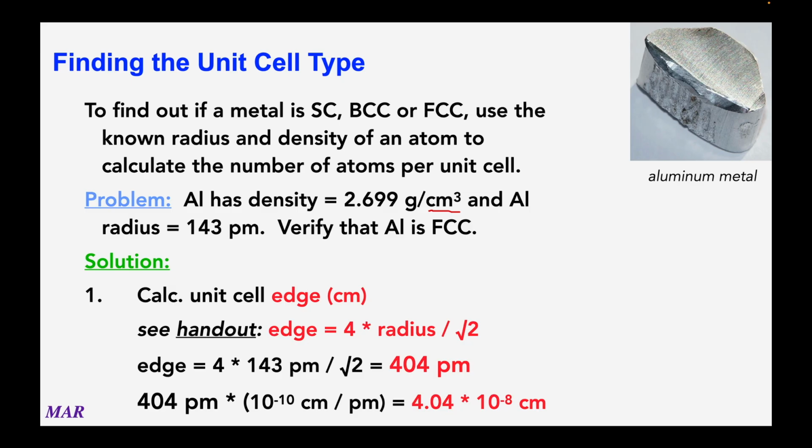I'm skipping the meters in this conversion. I'm going directly from picometers to centimeters. And when you do that, it's 10 to the minus 10 centimeters per picometer. I recommend that you work through that so you know how this all goes. But at the end of the day, 404 picometers is 4.04 times 10 to the minus 8 centimeters.